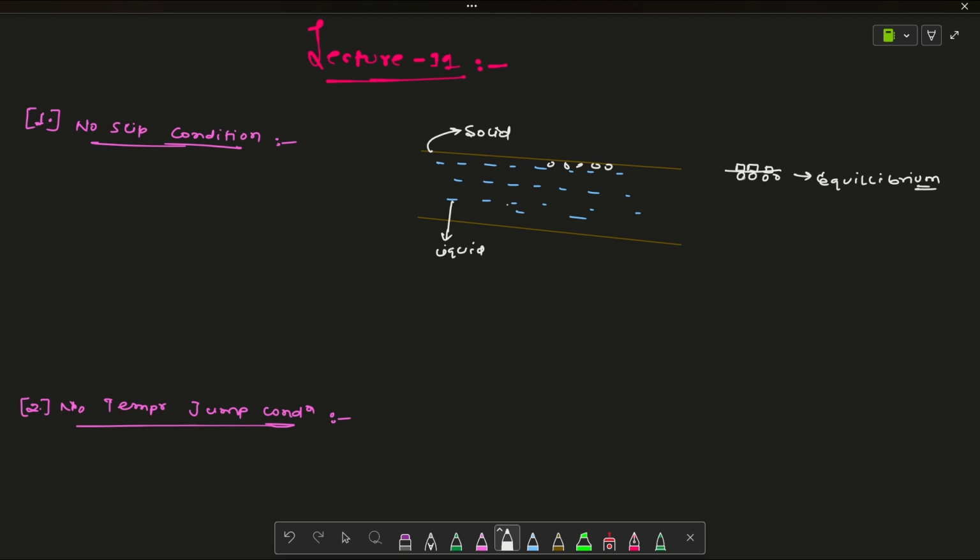The particles at the interface tend to take the momentum and the energy of the solid particles.